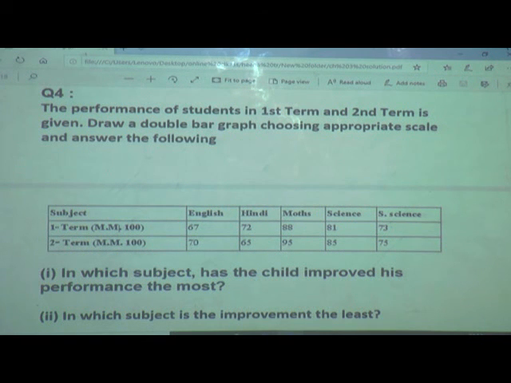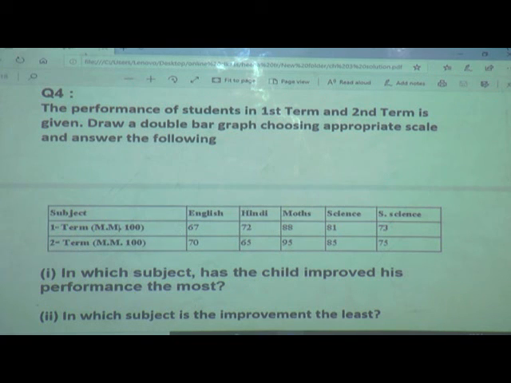Because we have two data for the subject English, 67 marks in the first term and 70 marks scored in the second term. We have to plot the graph. Since we have two data, it will be a double bar graph.